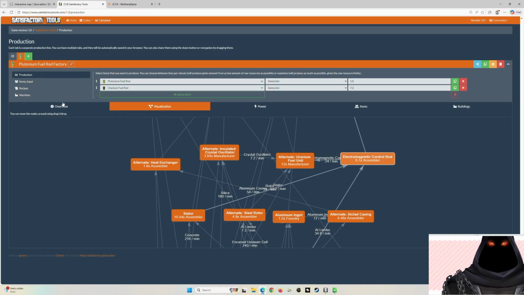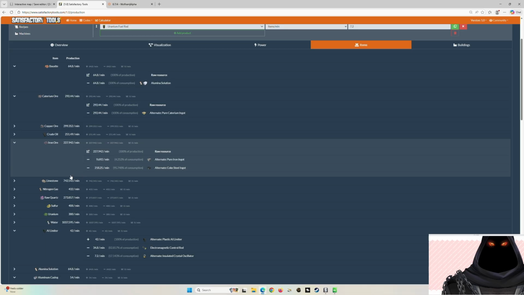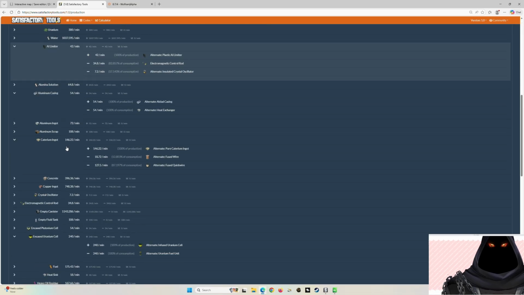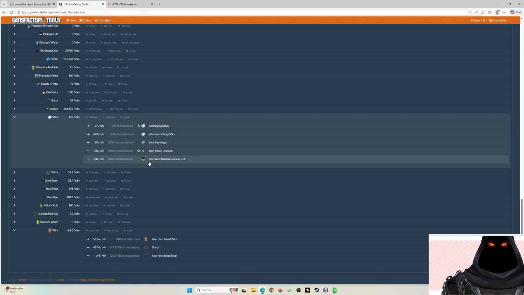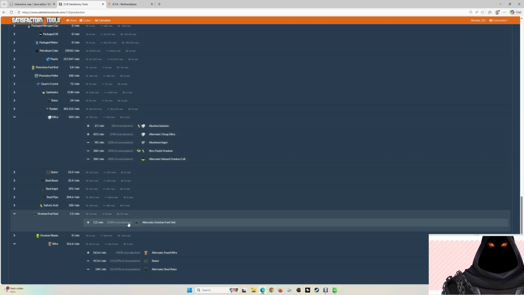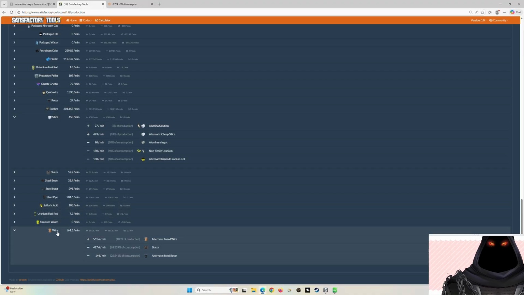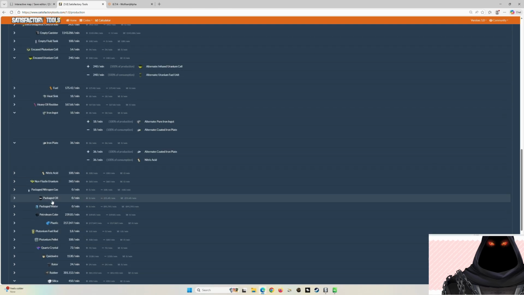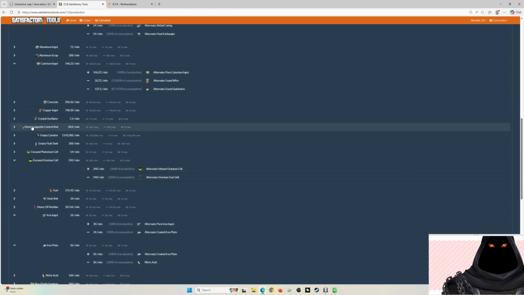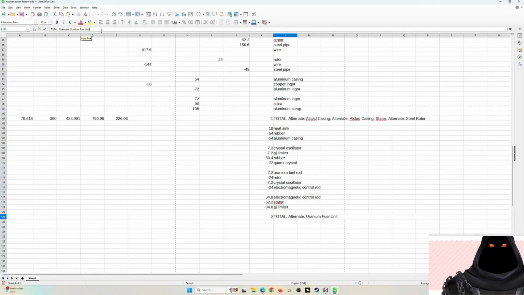Okay. Let's grab these recipe names. So we're gonna look. Have alternate uranium fused rod. What else? We have electromagnetic control rod.